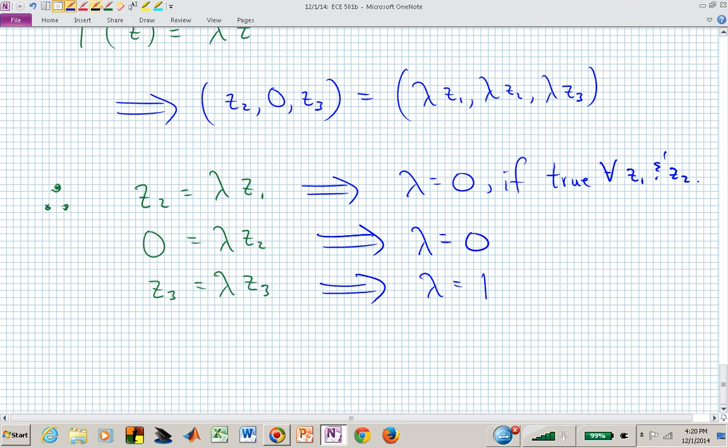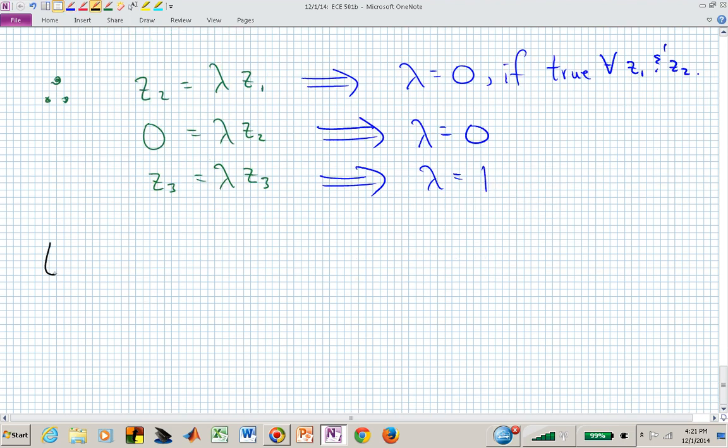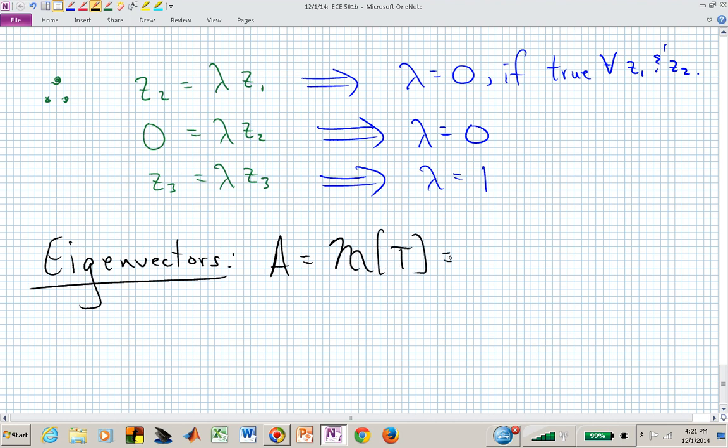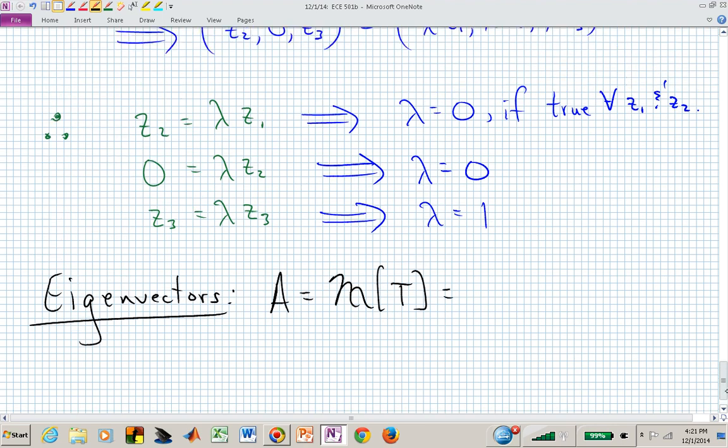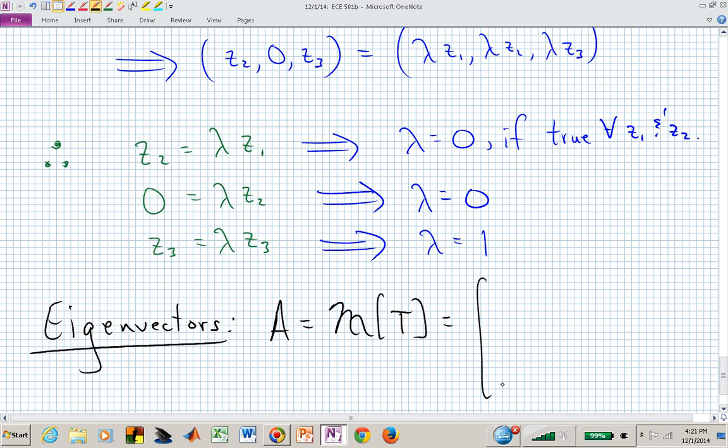Let's look at the eigenvectors in this case. Let me define A to be the matrix representation of T, which is going to be a square matrix, 3 by 3. What's my top row of the A matrix?